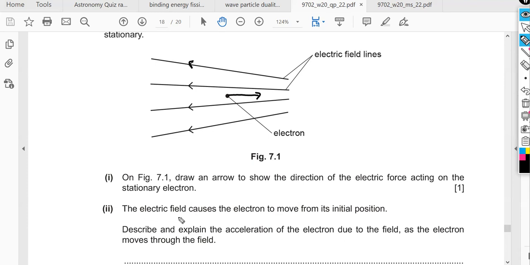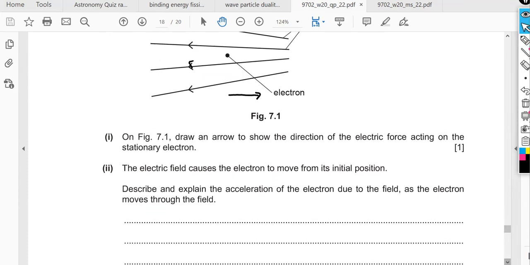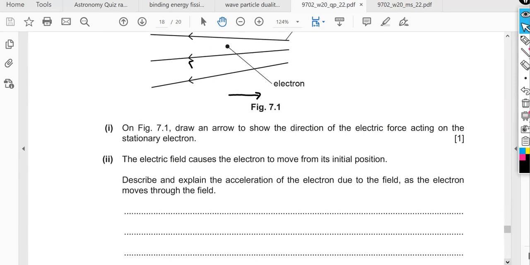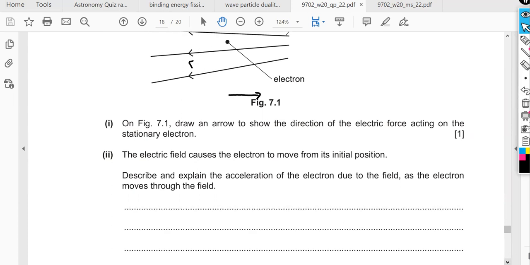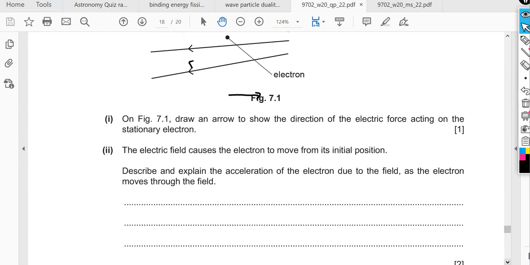It says in part 2 that the electric field causes the electron to move from its initial position. And the next question says, describe and explain the acceleration of the electron due to the field as the electron moves through the field.